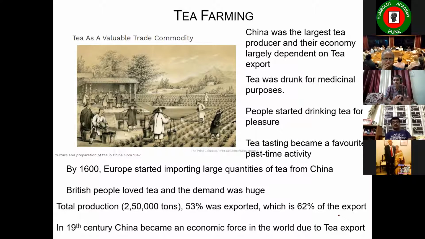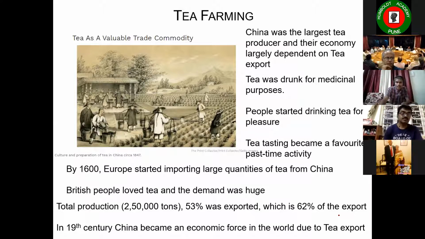If you look at the total export, 62% of China's export was tea. The remaining 38% was silk, porcelain, and glass. So 62% of their export was tea.